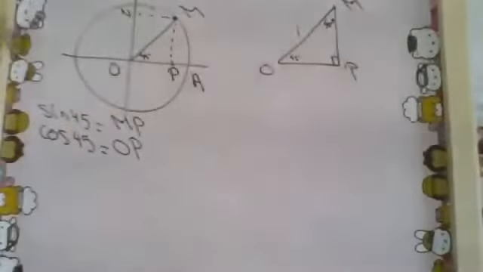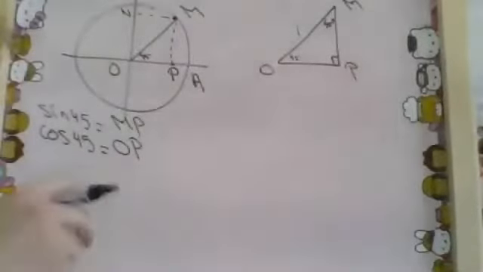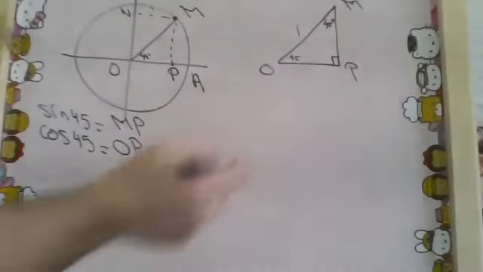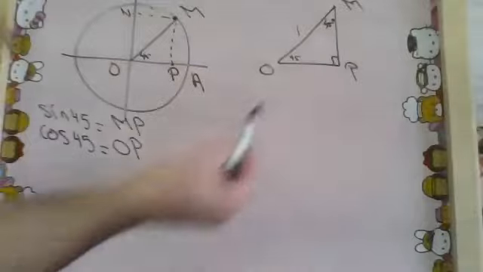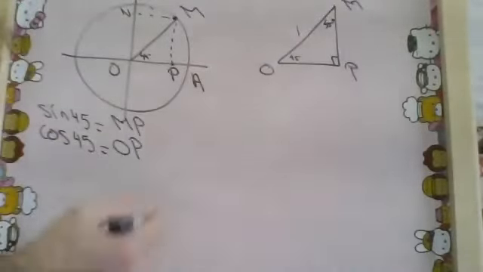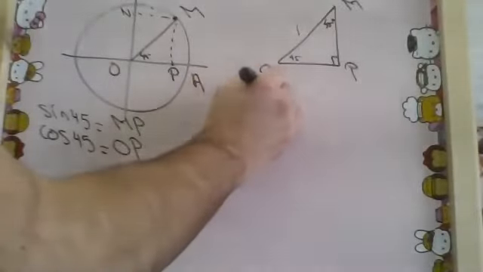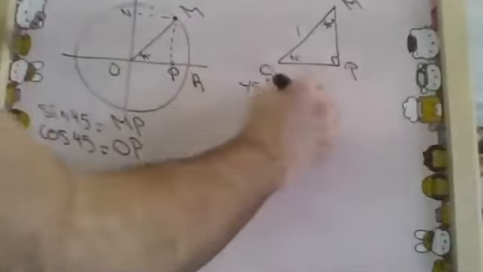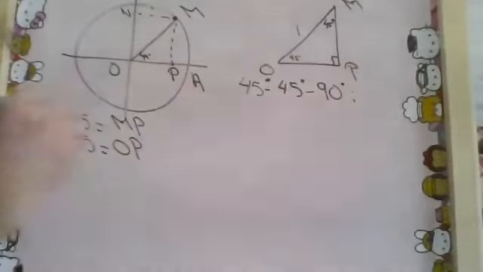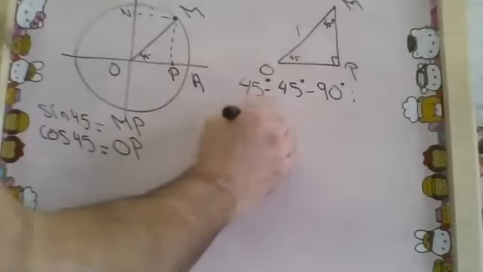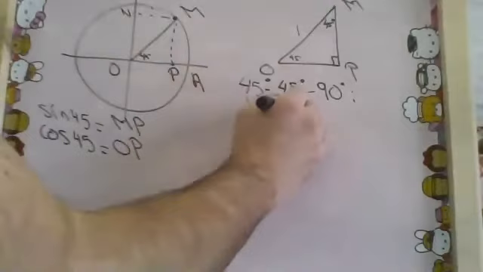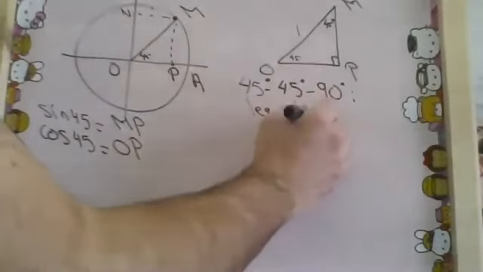Okay. Then in a 45, 45, 90 triangle, of course here right isosceles triangle, these two legs are equal. Each leg is equal to hypotenuse times radical 2 over 2.